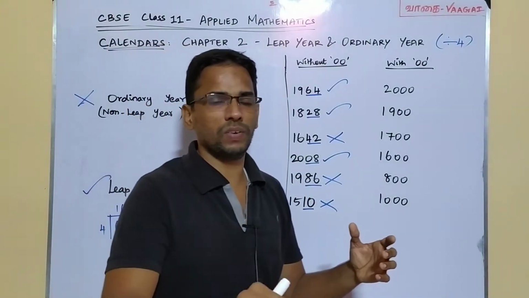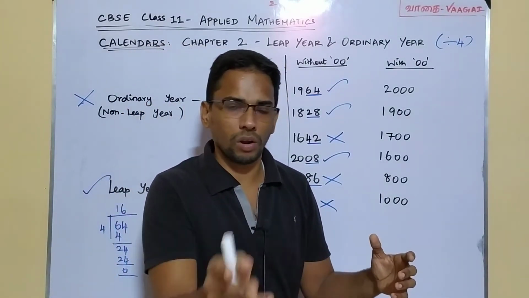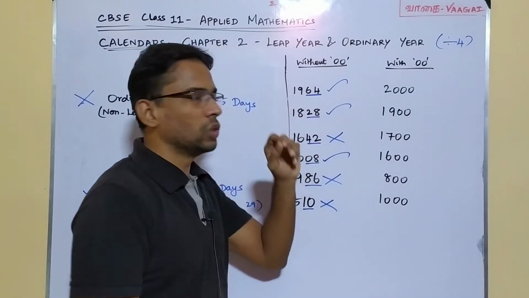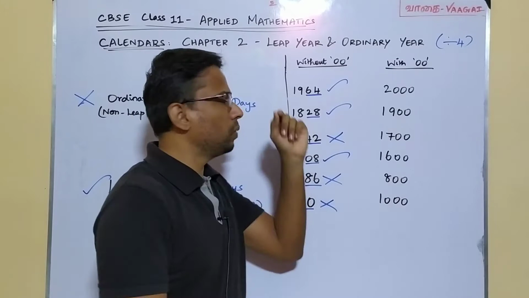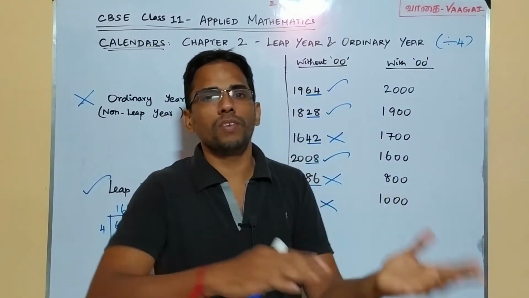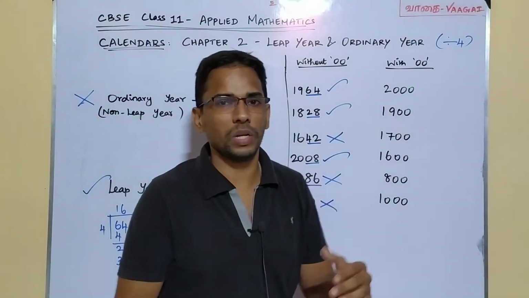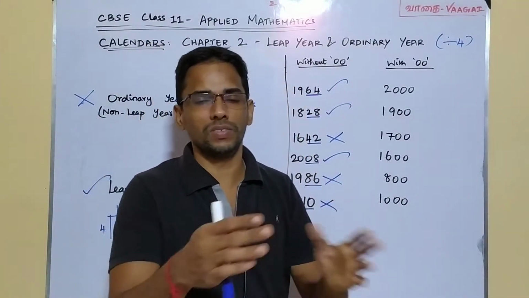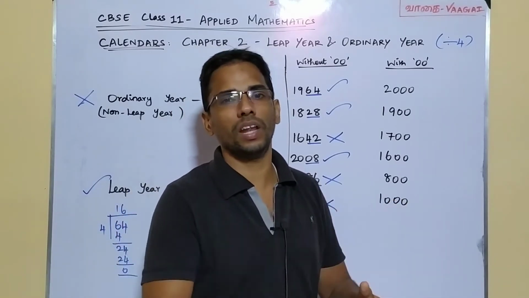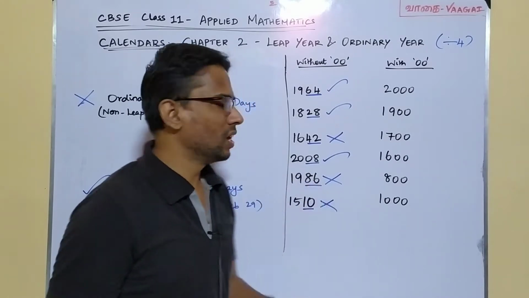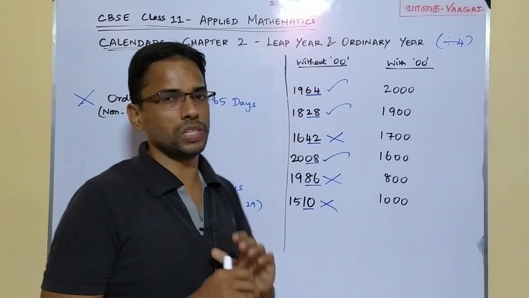In order to test whether a number is divisible by 4 or not, it is enough if we take the last two digits alone, just checking whether that is divisible by 4 or not. You need not take the entire number and check whether it is divisible by 4. It is enough if you take the last two places, and that is what we are doing so far. So I hope you are clear with the procedure now.